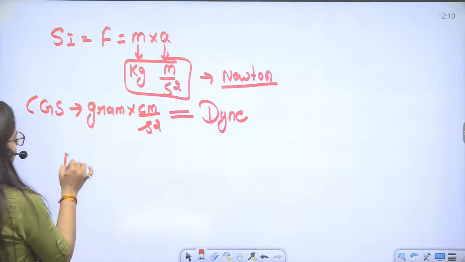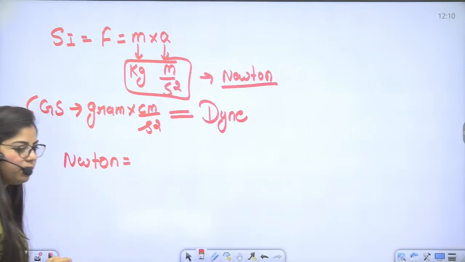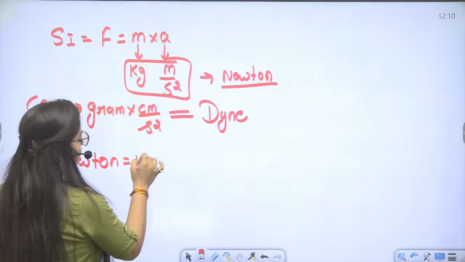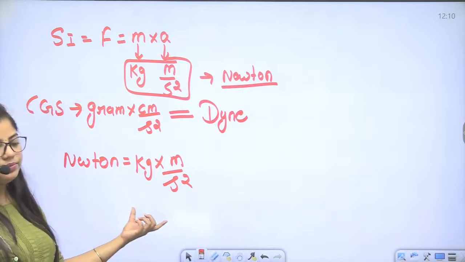Now, how does dyne come from Newton? Newton is equal to kilogram into meter per second square.